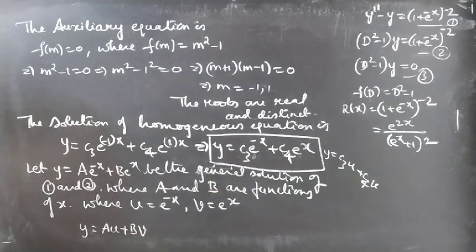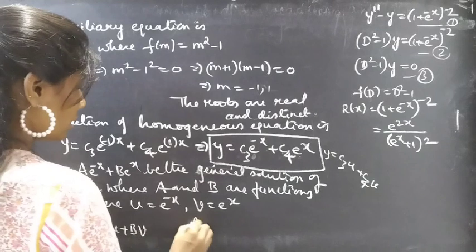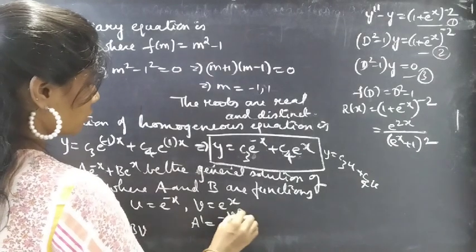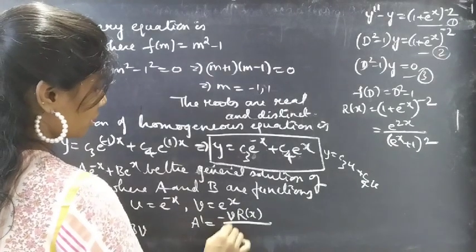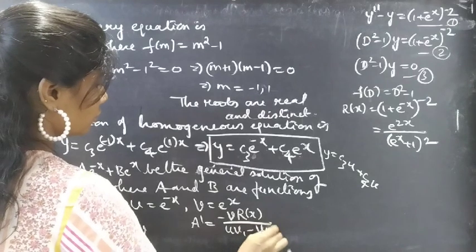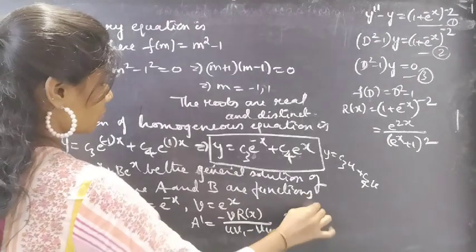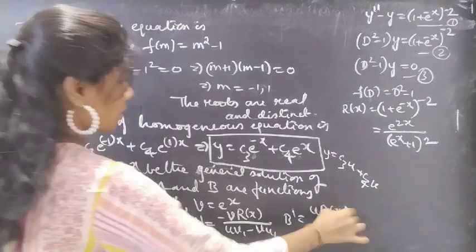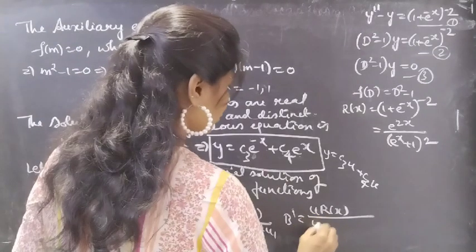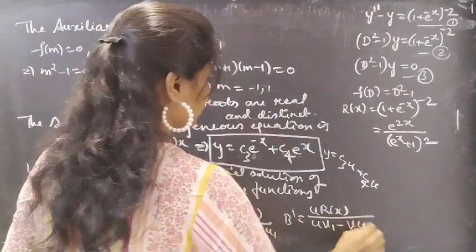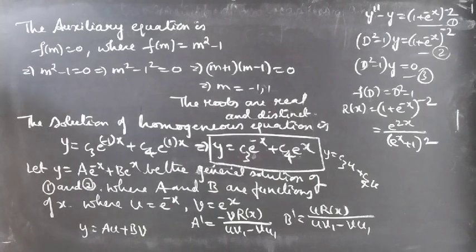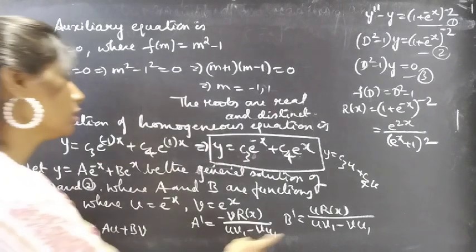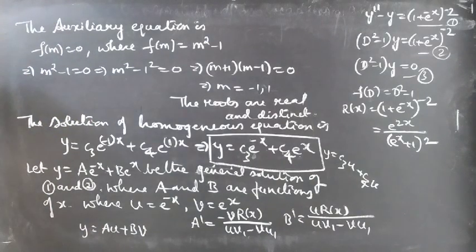And we'll find a, b using a dash equals to minus v into r of x by uv1 minus vu1, and b dash is given by u into r of x by uv1 minus vu1. If you observe both the formulae, we have uv1 minus vu1 in both the formulae. So let's begin with uv1 minus vu1, and later on we'll find a dash, b dash, a and b.